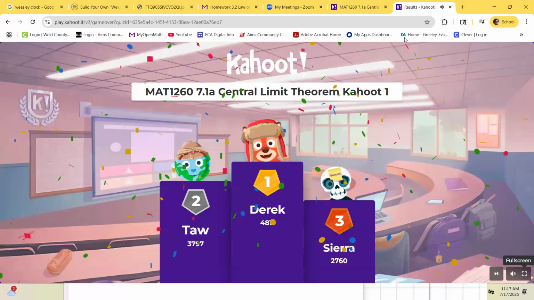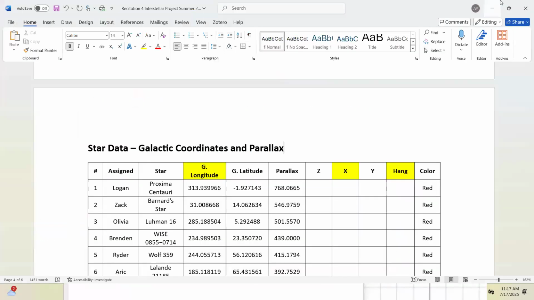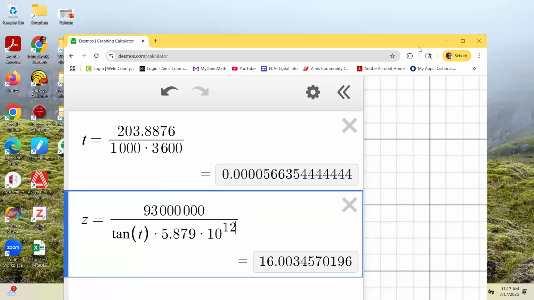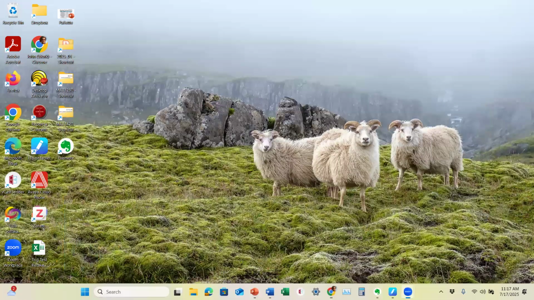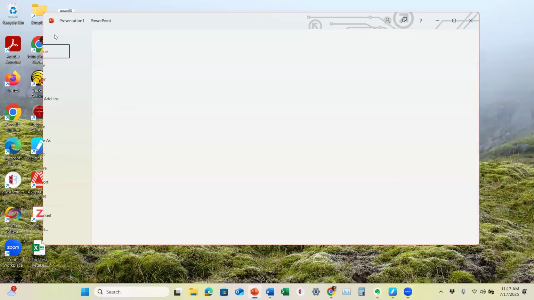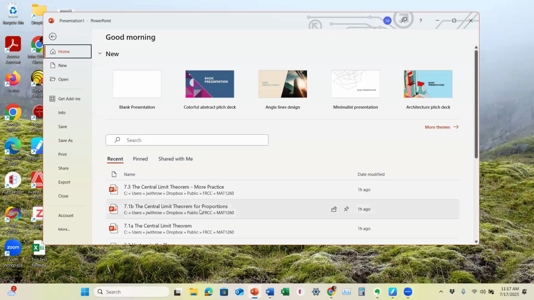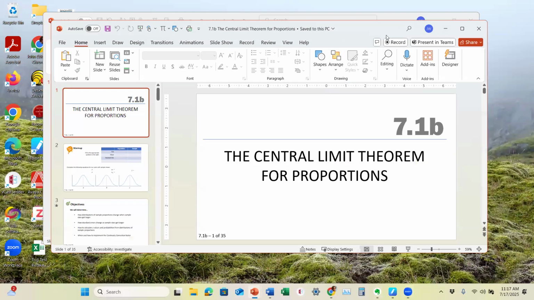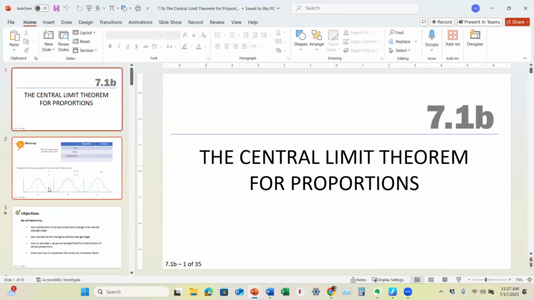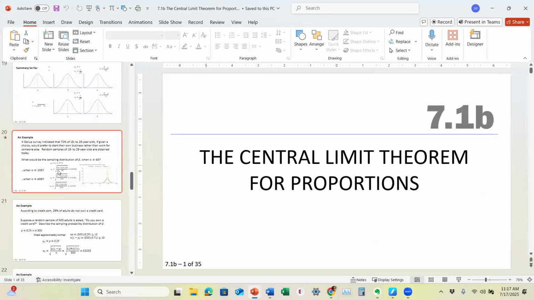Okay. All right. So let's pick up kind of where we left off. All the problems we were working on for the Kahoot involved finding standard errors and z values for sample means.